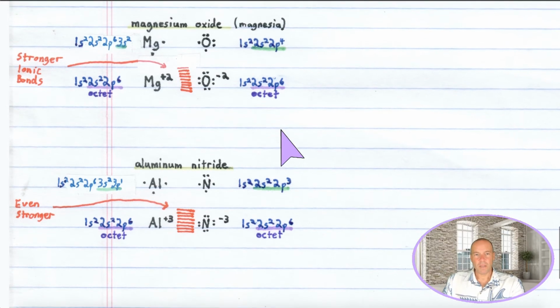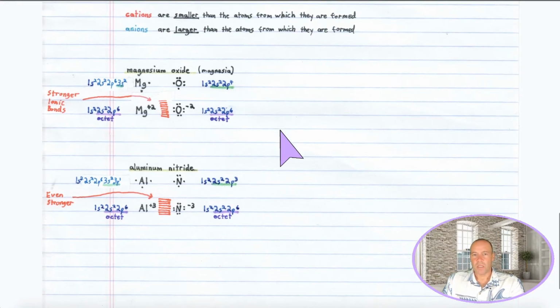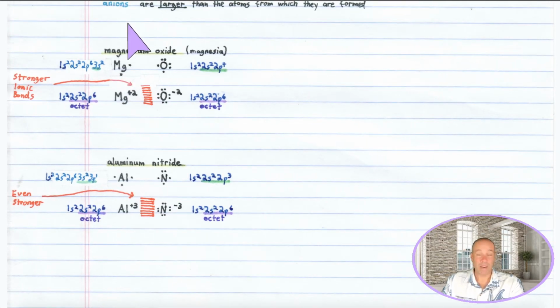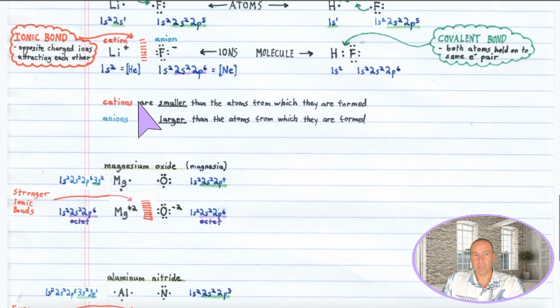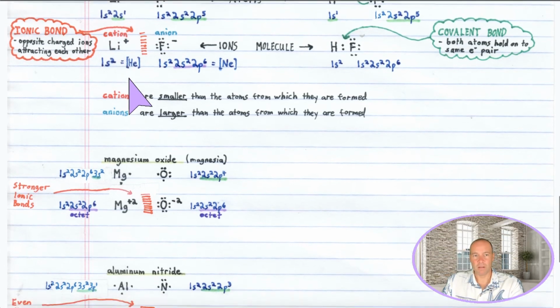Now, hopefully, it's not too much of a stretch to see that there's a pattern in the charges that form. You can quickly identify what type of charge an atom will like to form if it's in an ionic compound. You see, lithium was in group 1A, so it forms a +1 charge ion.